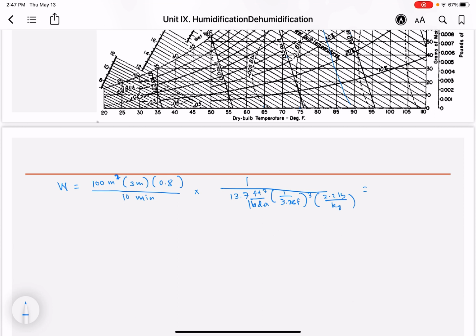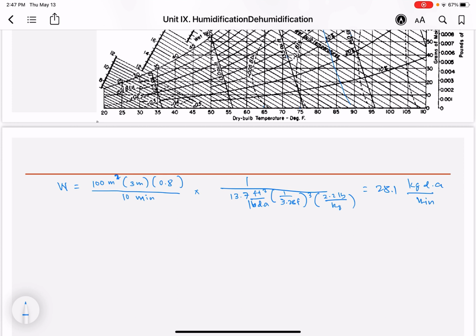That's around 28.1. So this is 28.09 or 28.1. This is kilogram already, dry air per minute. So I get 28.1.